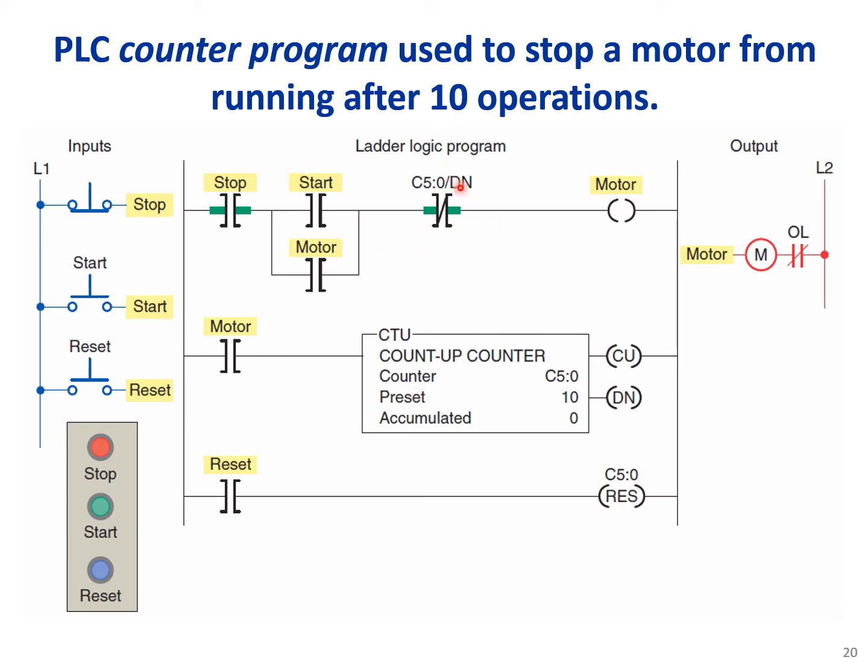Why? Because the down bit of the counter will be true and the negated contact of that will be false. So we won't be able to start the motor. If we wish to start the motor again, we need to reset the counter. Once the counter is reset to 0, we can start over and operate the motor 10 times.